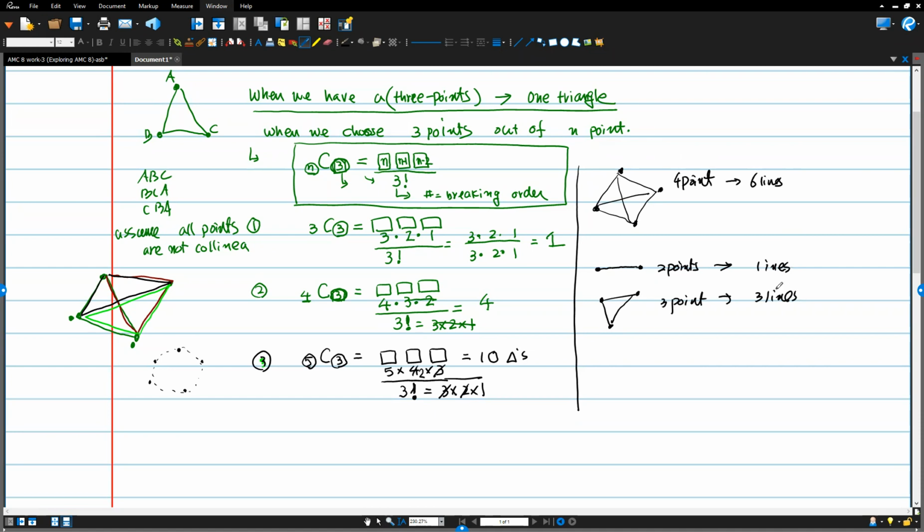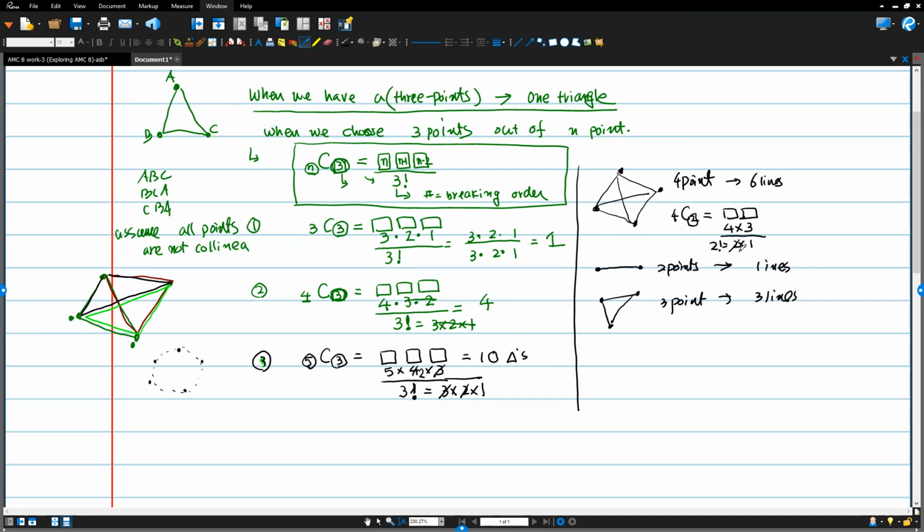So we can apply the formula. It's the same thing. Out of 4 points, we choose 2 points, right? That's the number of what? Lines. The rule is this is 2 spots over here. Write down 2 spots. First one is 4 times 3. But you need to break the order, 2 factorial. 2 factorial is 2 times 1, right?